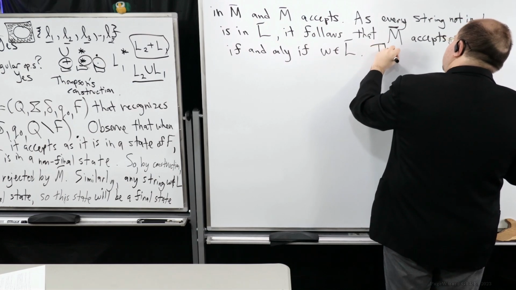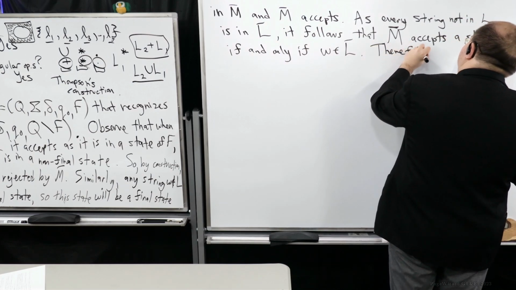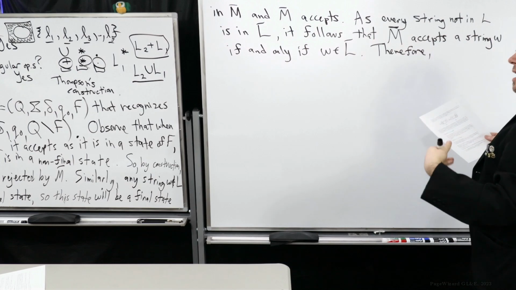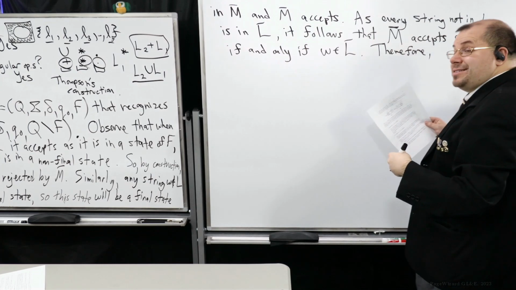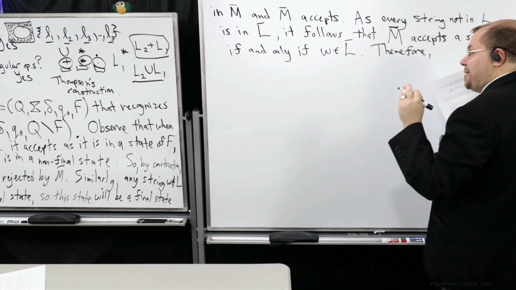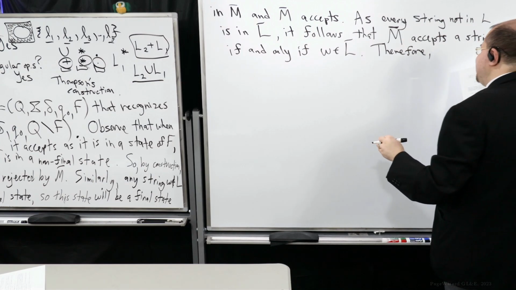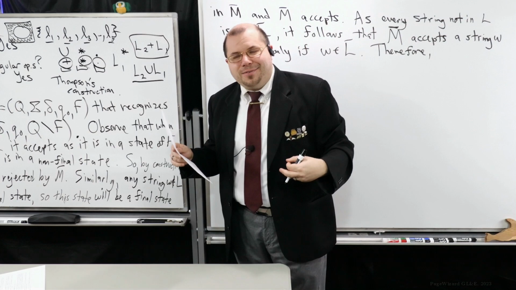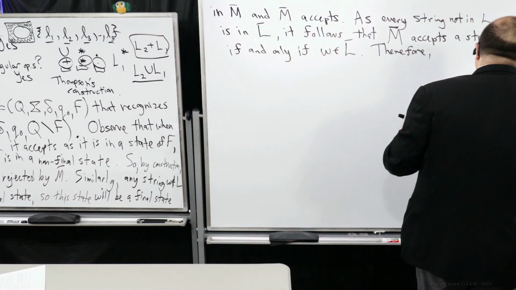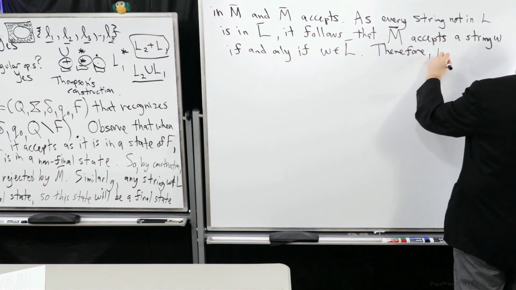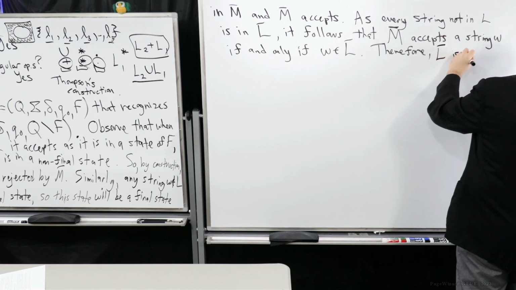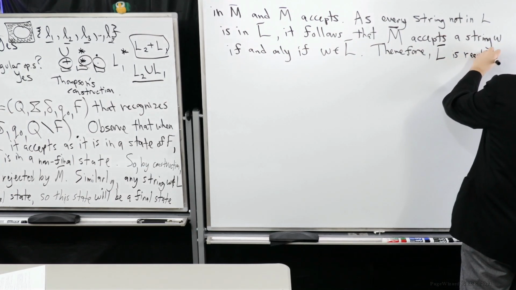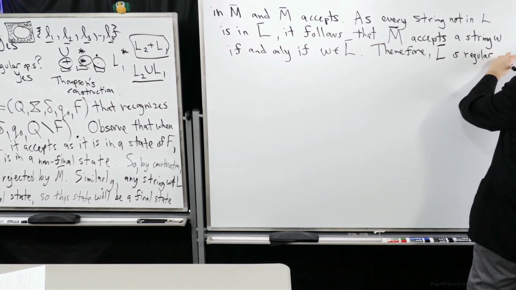Therefore, since I've just presented to you a DFA that has this property, it will accept L bar. So in fact, it decides it. It recognizes the language. It means that L bar is regular. And that completes the proof.